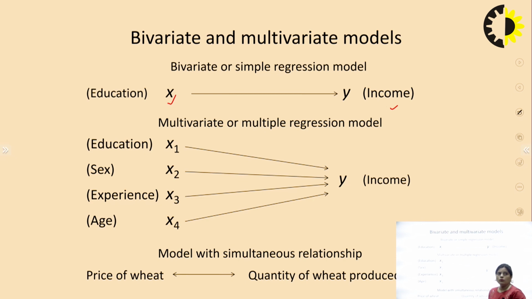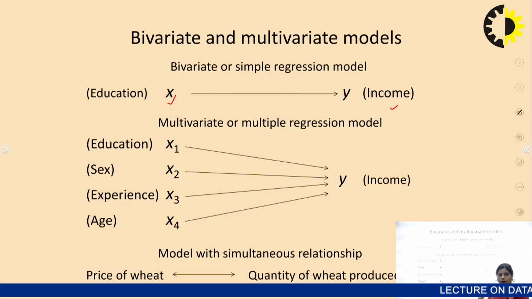So there is only a linear or simple kind of relationship between the dependent and independent variable, just like education and income. Income is the dependent variable and education is the independent variable. Based on education the income can change. If you are highly qualified then your income can be more, and if you are less qualified then your income can be low. So here income is a dependent variable and education is an independent variable.